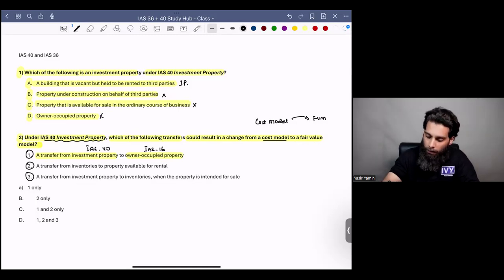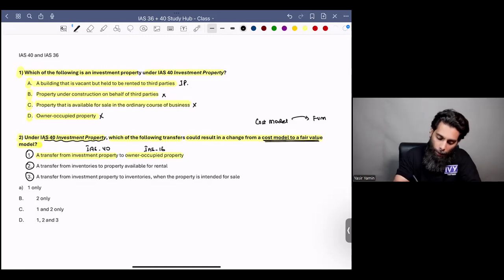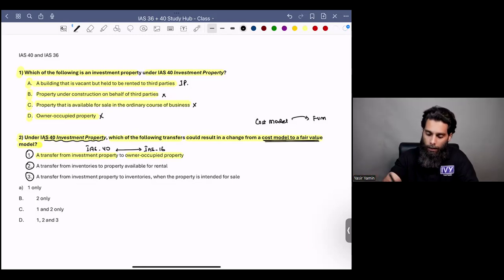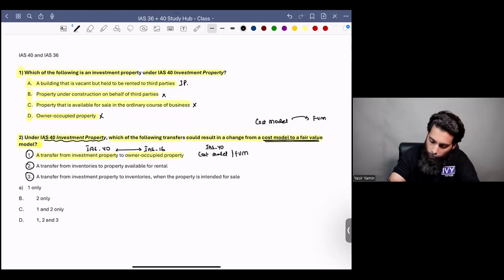You need to assess if this criteria is met or not. All right. So just imagine what could be the case when you're transferring from IAS 40 to IAS 16. Under IAS 40, guys, there are two possible models, which is cost model and fair value model.